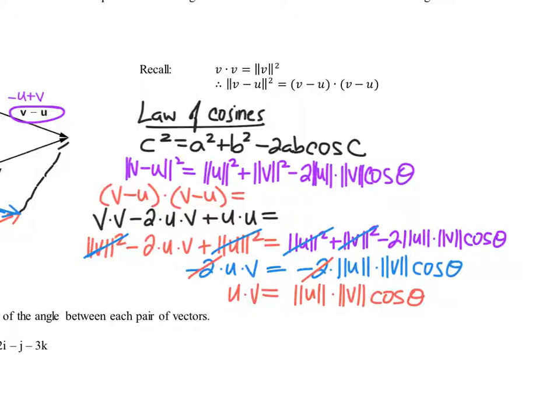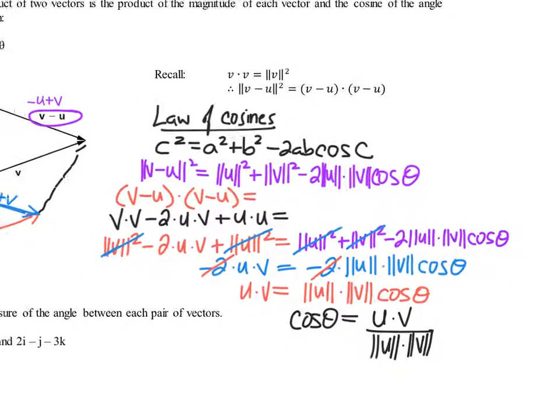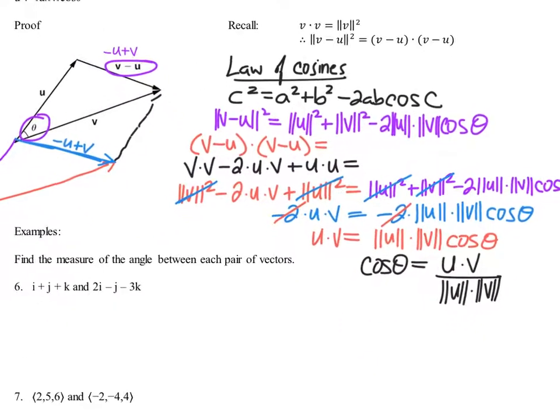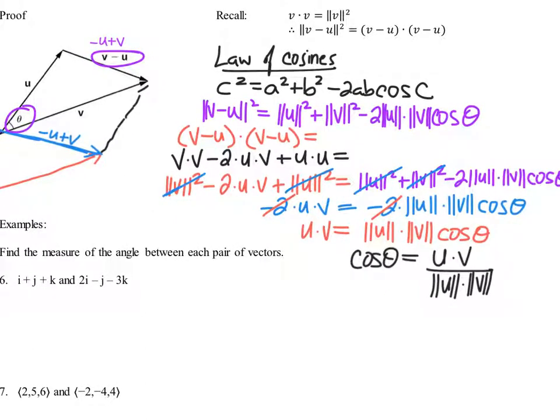I could even solve this equation for cosine theta: cosine of theta equals the dot product of u and v over the magnitudes multiplied. At a minimum, you have a formula. You can plug and chug, but if you know where the formula comes from, it's something you never really have to study.